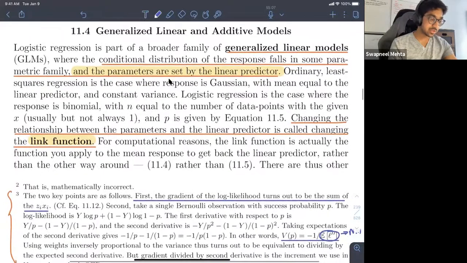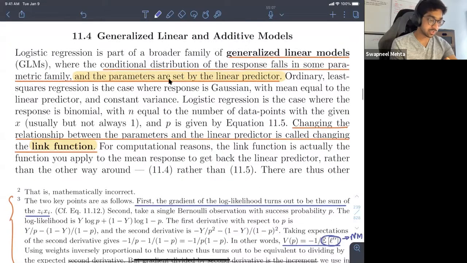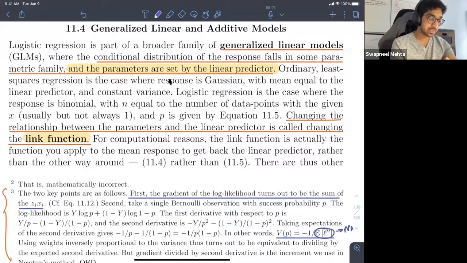So logistic regression is part of a broader family of generalized linear models, called GLMs, where the conditional distribution of the response falls in some parametric family. And these parameters are set by the linear predictor. The linear predictor was our X, these parameters are beta.